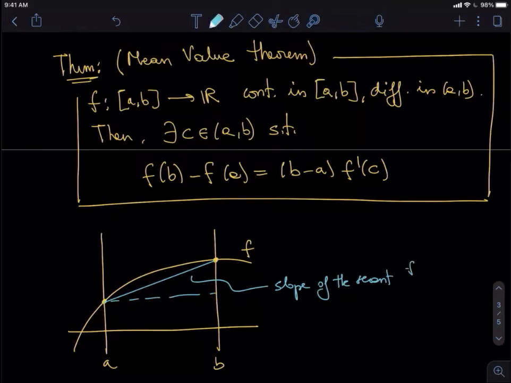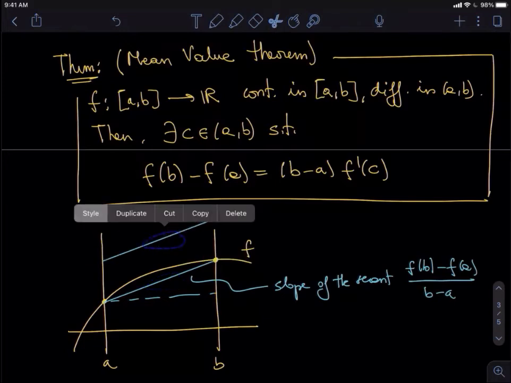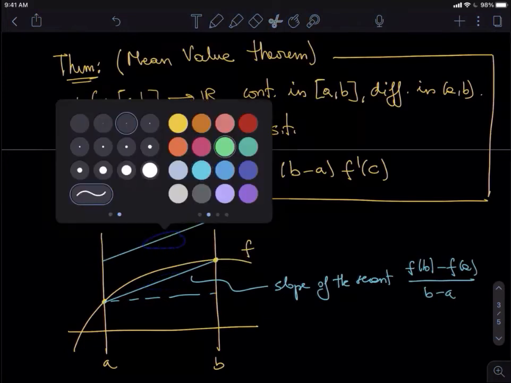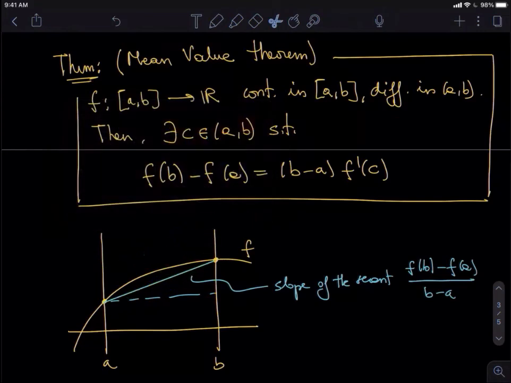So it will be f of b minus f of a divided by b minus a. And what the theorem is saying is that there is some point, let's say that I produce a copy of this line and then I move it around up and down. You see what happened there?